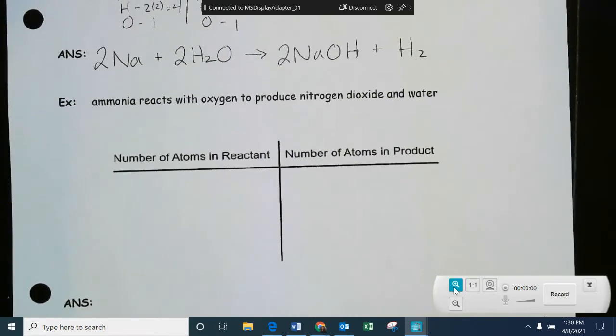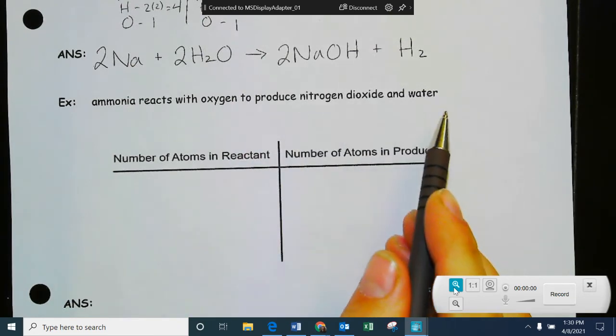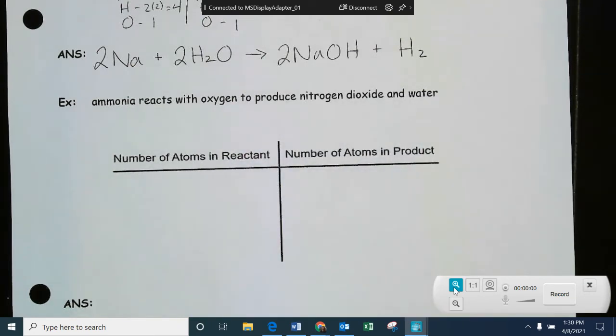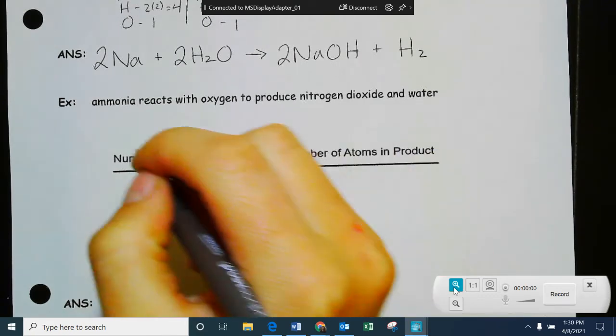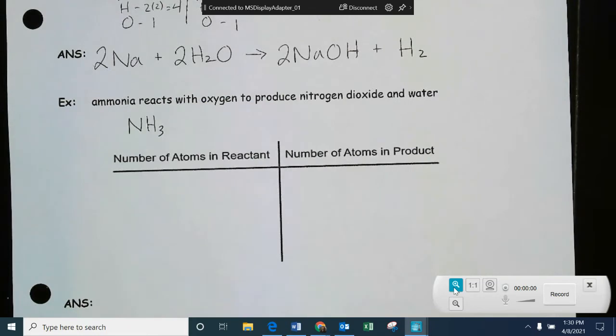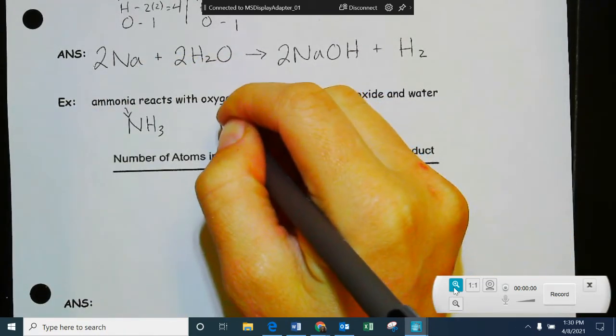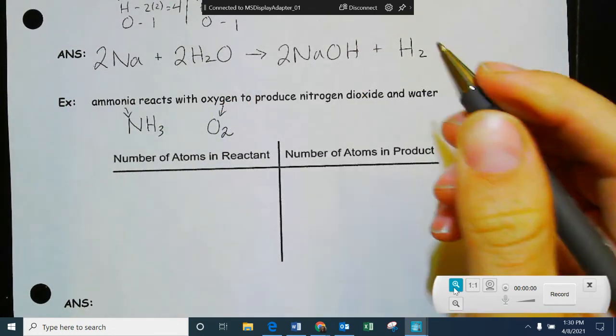All right. Ammonia reacts with oxygen to produce nitrogen dioxide and water. Word problems are often going to look more like this than just sodium plus water goes to. So we've got our reactant side, ammonia, which is NH3. You'd find that on your polyatomics. We've got oxygen, which is going to be a diatomic molecule, so it's O2.